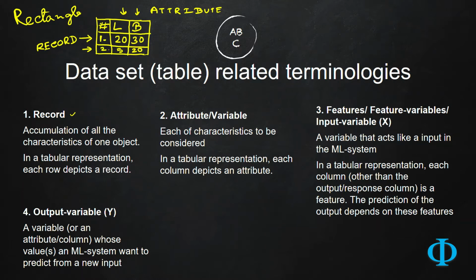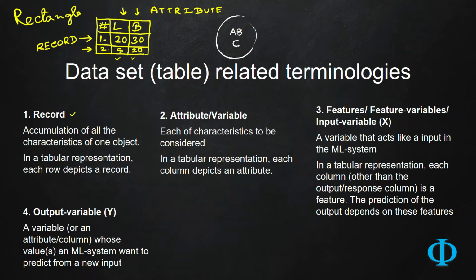So the next thing is, what is a feature or input variable and what is an output variable. Whenever it comes to machine learning, we need to predict some output variables, right? Most of the columns in a tabular representation which act as an input to the machine learning system are called either features, feature variables, or simply input variables, whereas the column that you need to predict is called the output variable.